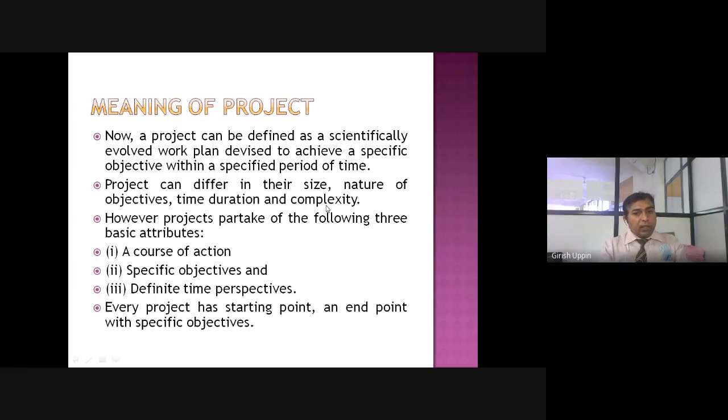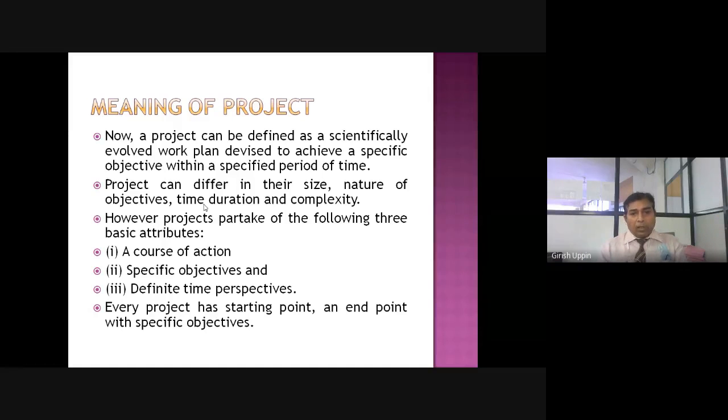Projects can differ in their size, nature of objectives, time duration, and complexity. They might differ in size: a small project, for example your final year project, or a large, very complex project, like setting up a huge factory. They differ in the objectives they are implemented for, and in time duration. Some projects will take a couple of months, some a couple of years.